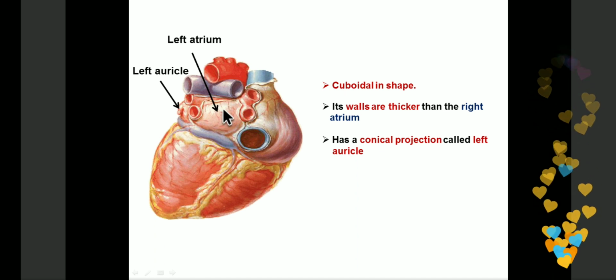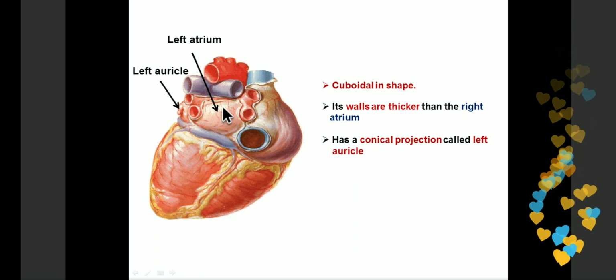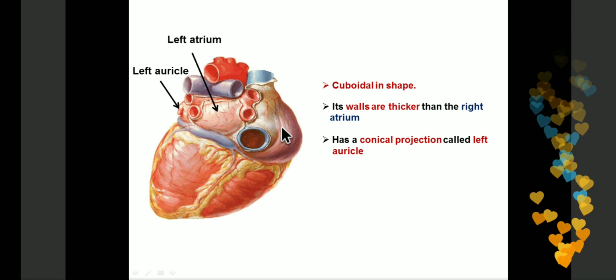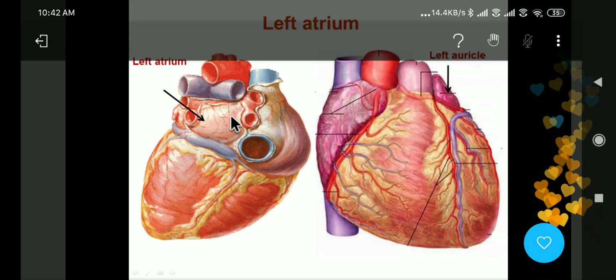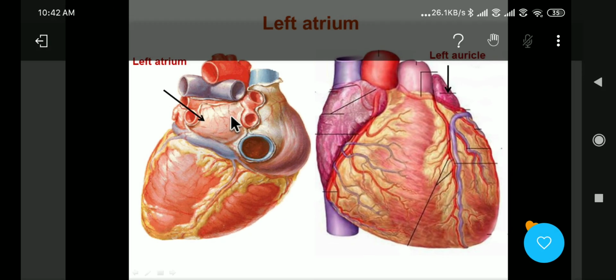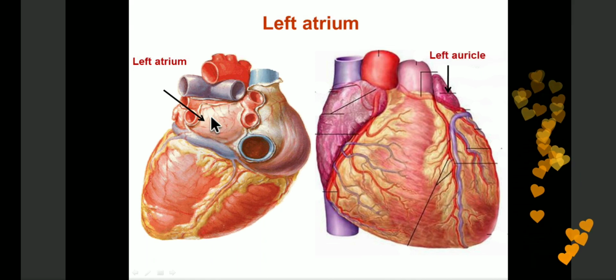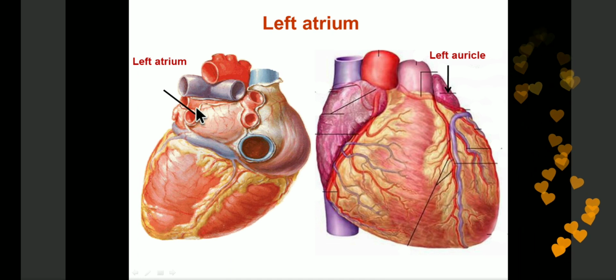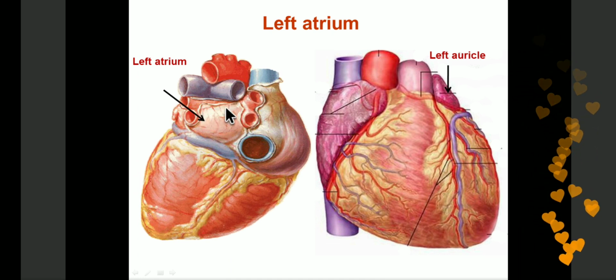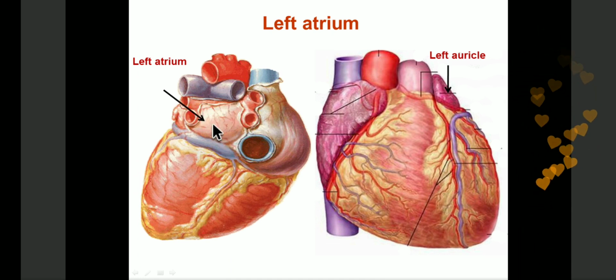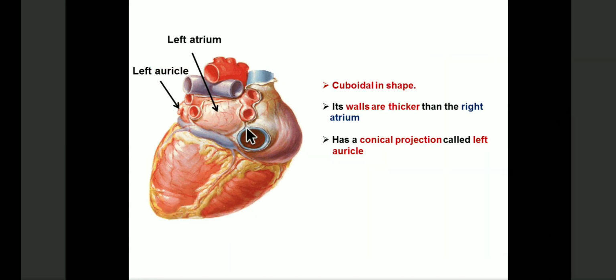The wall of the left atrium is going to be thicker as compared to the right atrium for the obvious reason that this is going to have oxygenated blood. Oxygenated blood comes into the left atrium through the four pulmonary veins, two from the left side, superior and inferior, two from the right side, superior and inferior.